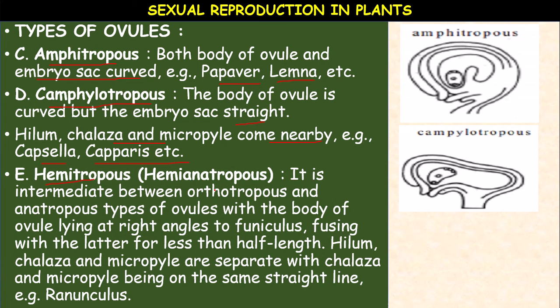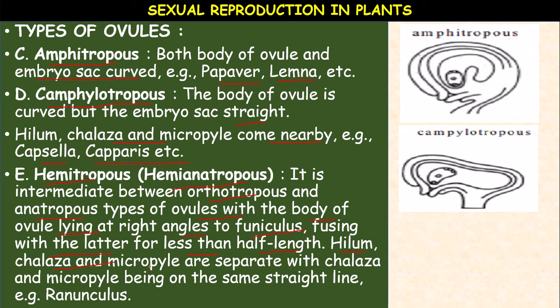Then the hemitropous ovule, also called hemianatropous, is a half inverted ovule. It is intermediate between the orthotropous and anatropous types, with the body of the ovule lying at right angles to the funiculus, fusing with the latter for less than half its length.